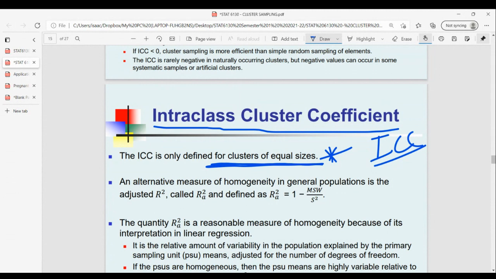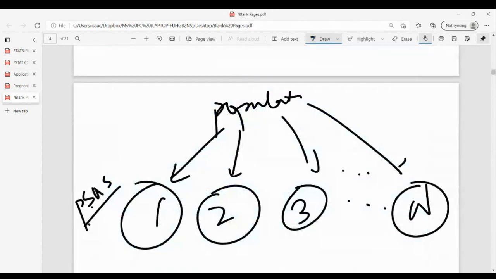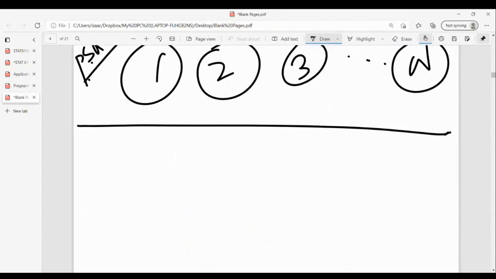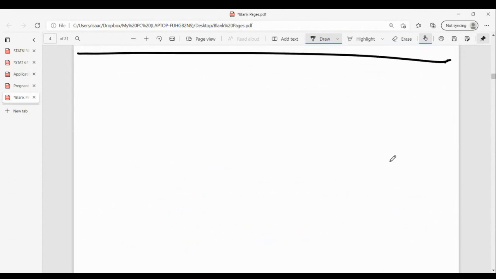So in that case, when the ICC fails, then you have an alternative measure called R squared adjusted. I don't know how many of you would have met R squared adjusted before, but I'll just explain what it is, right? It's easier to explain it in the context of a multiple linear regression.